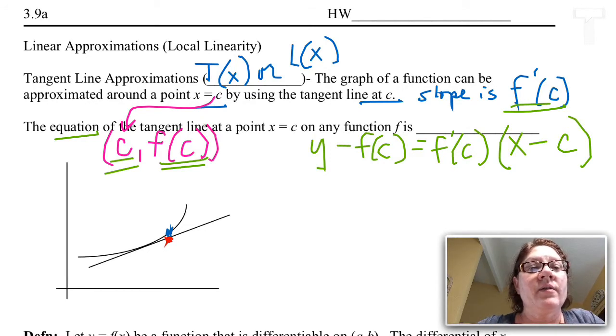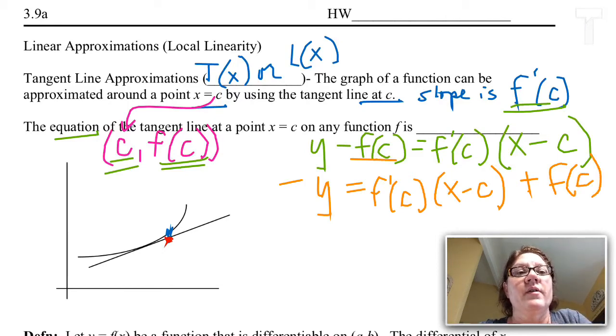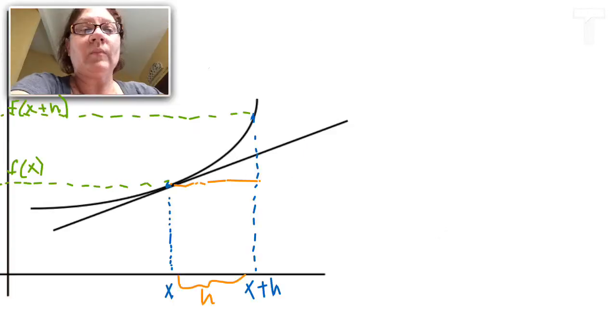And so, of course, getting y by itself, I'd have to add this to the other side. So I'd have f prime of c times x minus c plus f of c. And then I could call this either T of x or L of x, because that's the equation of my tangent line at some point c.